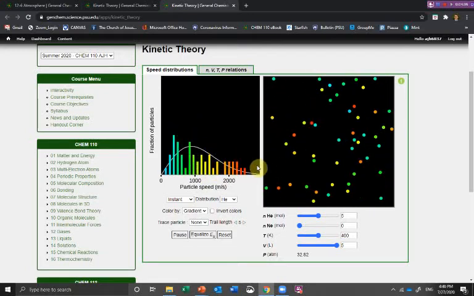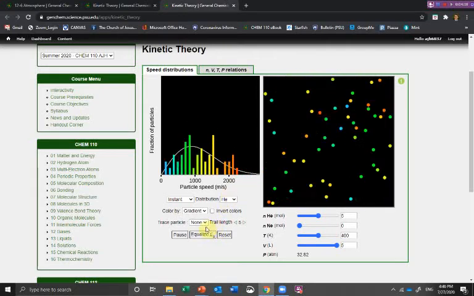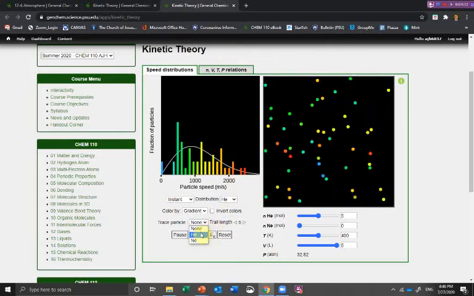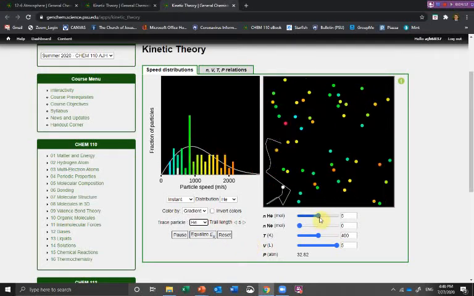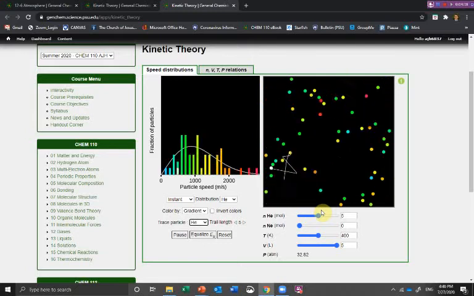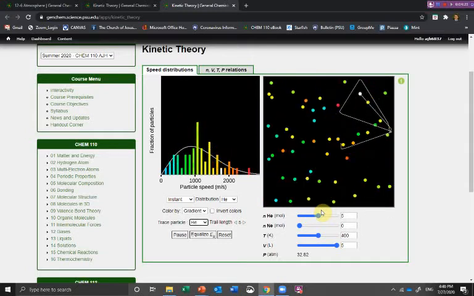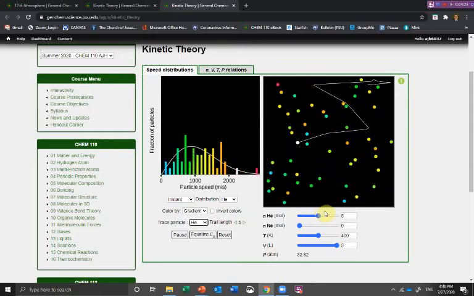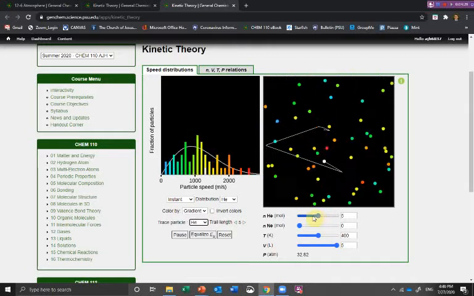In other words, not every particle is moving at the same speed. And if we were to trace a given particle, we can see that it is really moving in random motions in a straight line, and that its speed changes. In some cases, it goes very fast. In other cases, it goes very slow.